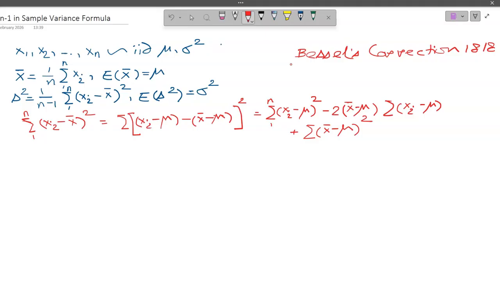Summation (Xi minus mu), i equal to 1 to n, becomes n times (X bar minus mu), and we have (X bar minus mu) outside, so we have summation (Xi minus mu) whole square, 1 to n, minus n times (X bar minus mu) whole square.